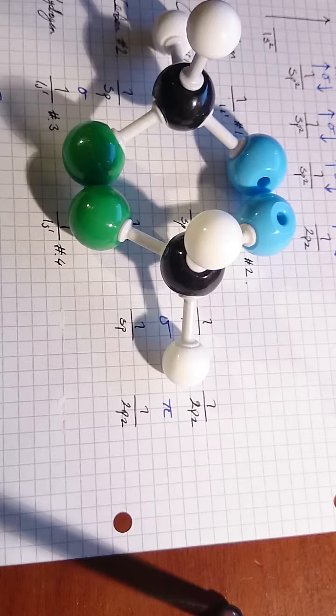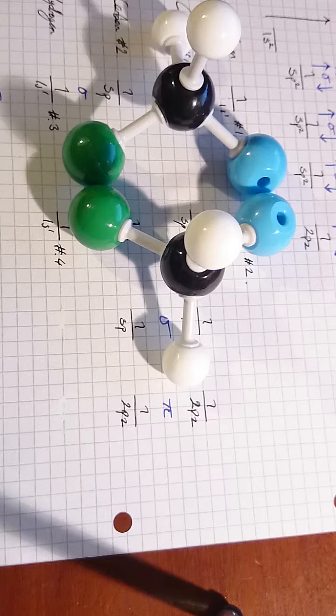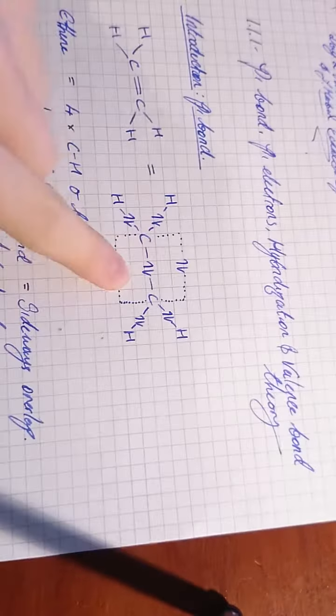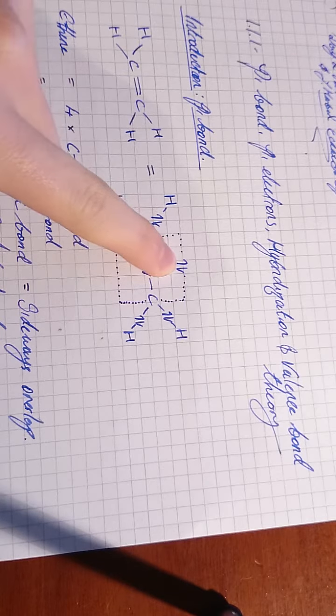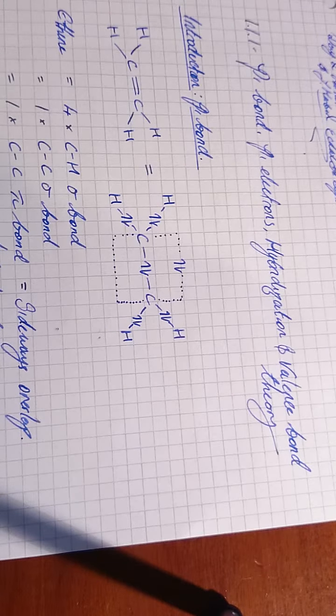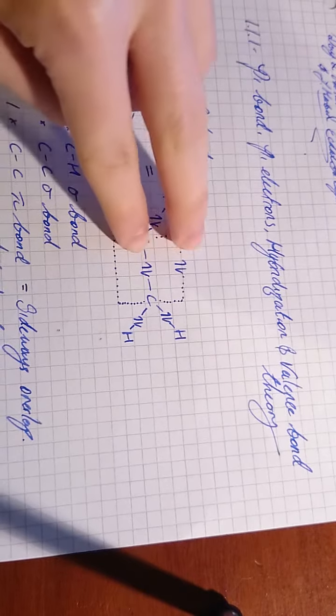The combination of sp2-sp2 sigma overlap and 2pz-2pz pi sideways overlap results in a net sharing of 2 electron pairs, 1, 2, and the formation of a carbon-carbon double bond.